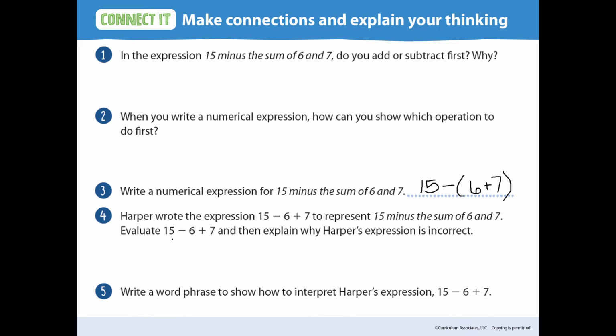It depends on which one comes first. And so this subtraction problem 15 minus 6 actually comes first in the problem. So that's the first thing that we would solve. 15 minus 6 is 9. And then we would add our 7 and get 16.